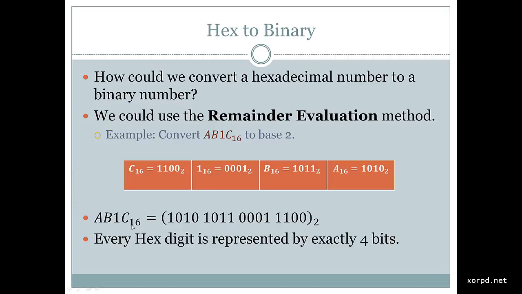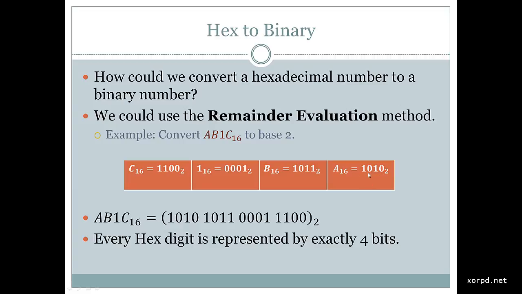Finally, we'll get this representation in base 2 for the number AB1C, and it seems like these are just exactly those numbers that we have in this orange table.